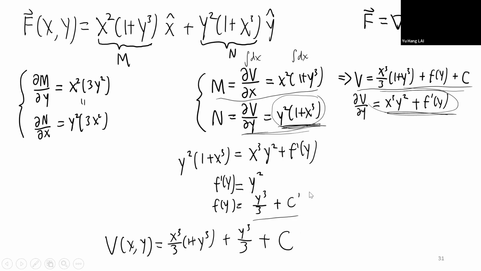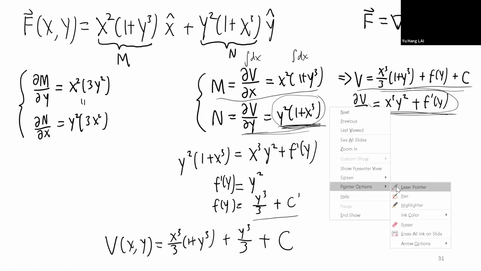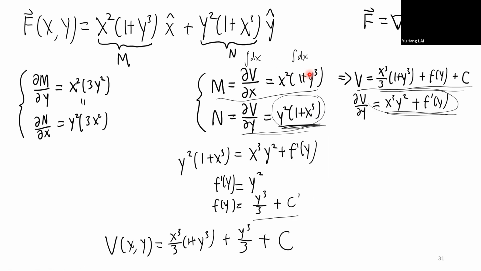Yes. Can we not just integrate for dv by dx and add that to the integral of the partial of u with respect to y? Why can you not just add the two integrals and get the function? Like when you integrate f, we get that function there.